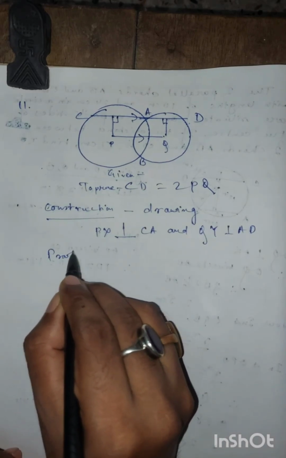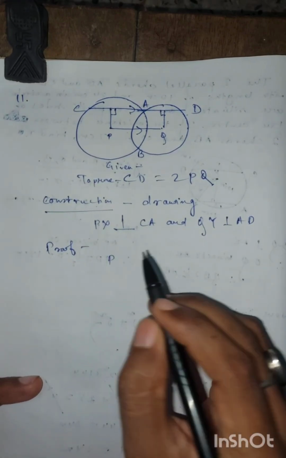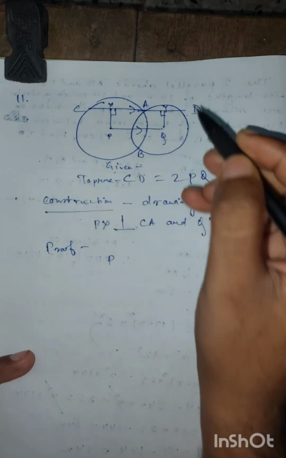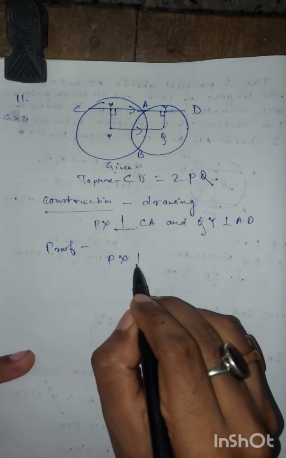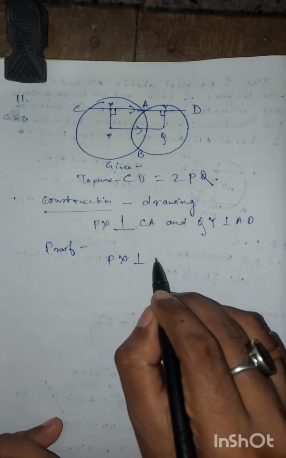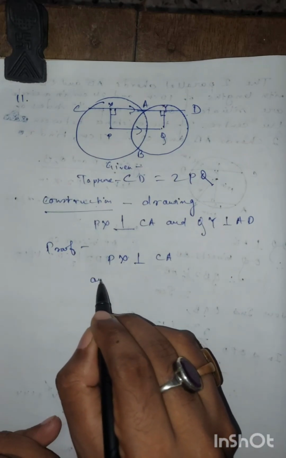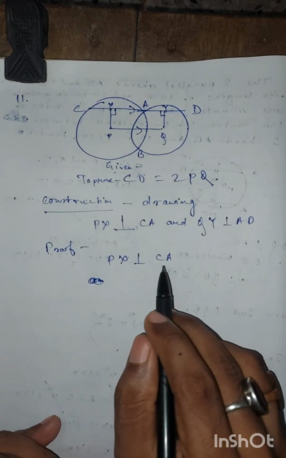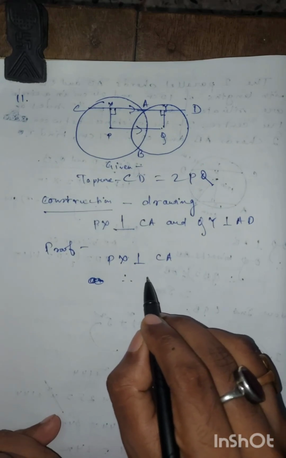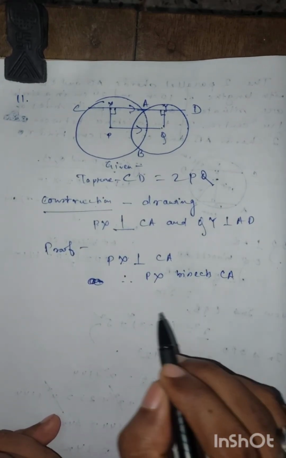Proof. PX is perpendicular to the chord CA. Therefore, PX bisects CA.